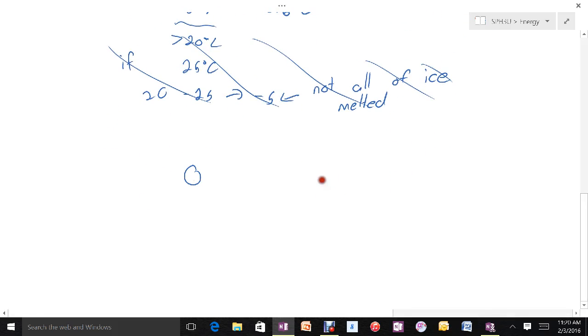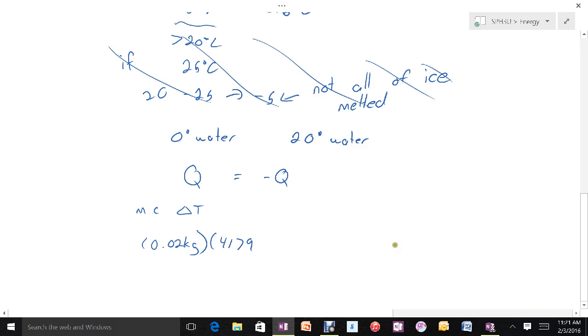So here, we're going to have heat gained by the 0 degree water and heat lost by the 20 degree water. The 0 degree water has a mass of 0.02 kilograms. There's not very much of it. Now it's heating up just like water, so it's going to get the same specific heat capacity.